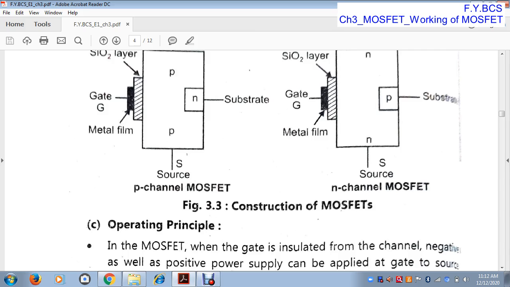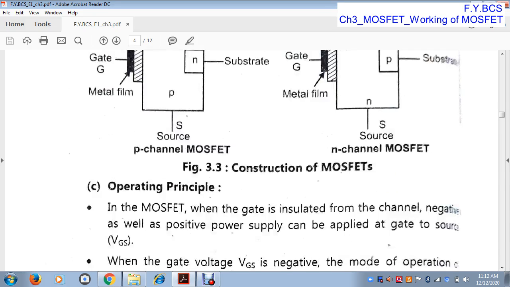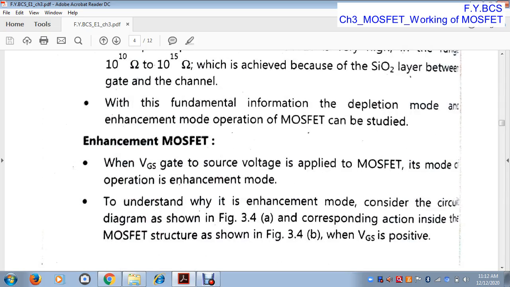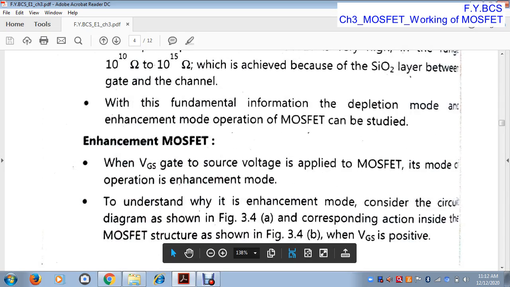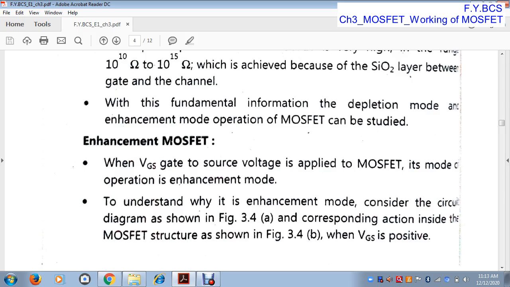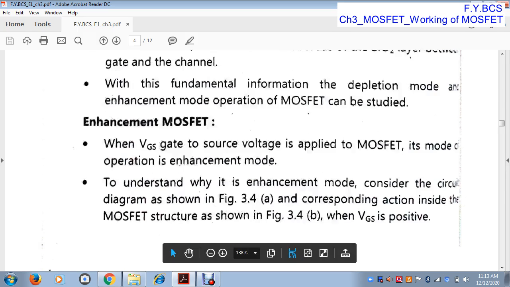And if we provide a negative voltage between gate and source terminal, then the mode of operation is called depletion type MOSFET. Now we see the enhancement MOSFET. When VGS, the gate to source voltage, is applied to the MOSFET, the operation is enhancement MOSFET.